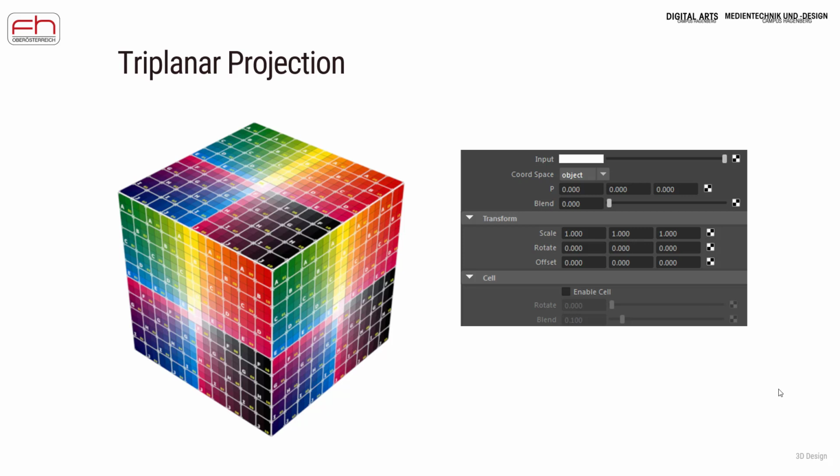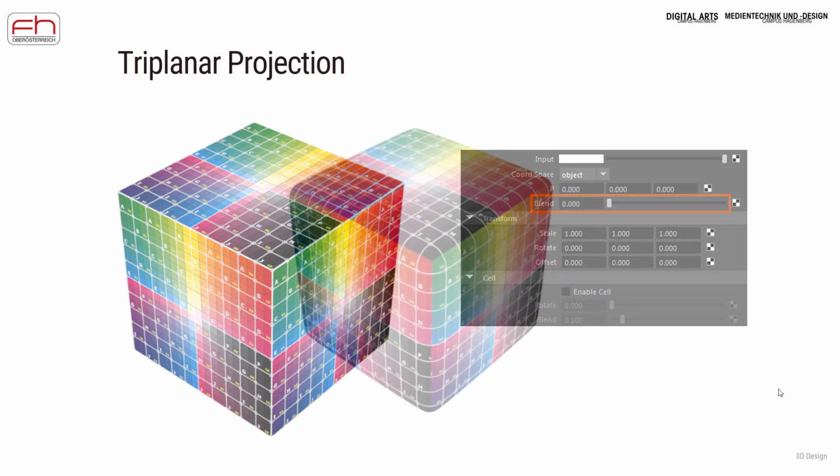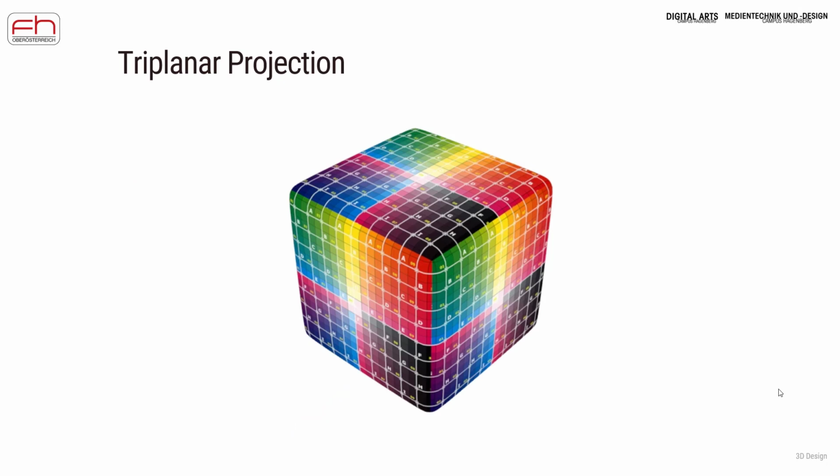using the 6 sides of the cube, and I have this parameter called blend. And using this parameter blend on this triplanar projection shader, I can create effects like this. So for example, you have an object and this object is UV-less. There's no UVs whatsoever.